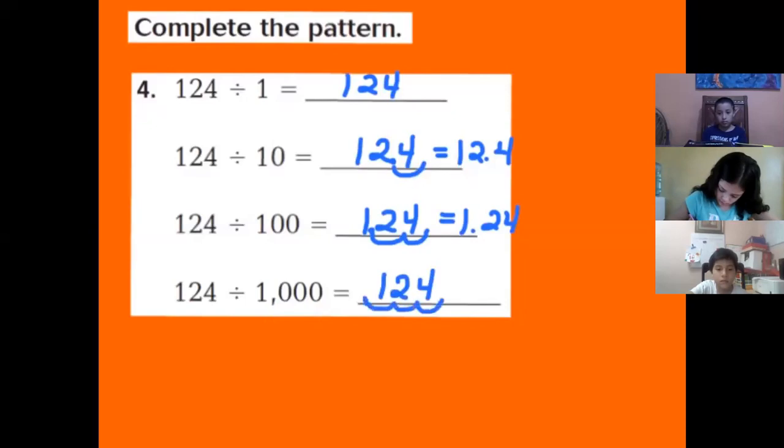So the decimal now falls in front of the 1. So my answer, my quotient here turns out to be 124 thousandths. Because once again, as you divide by increasing powers of 10, what happens is the decimal point moves one place to the left for each increasing power of 10.